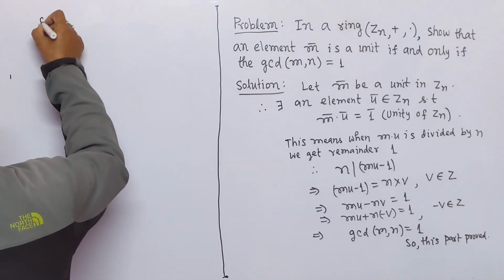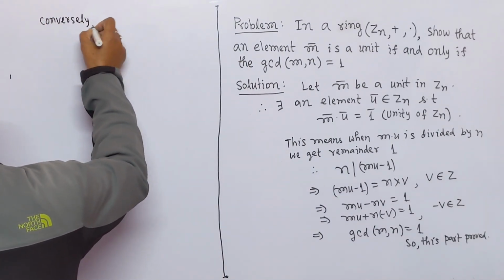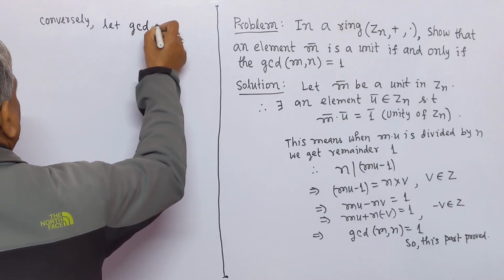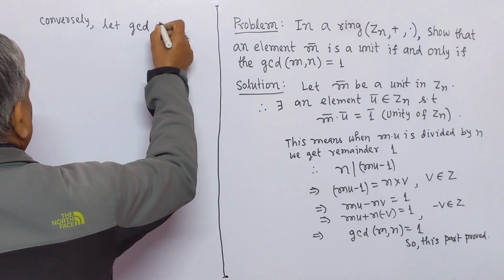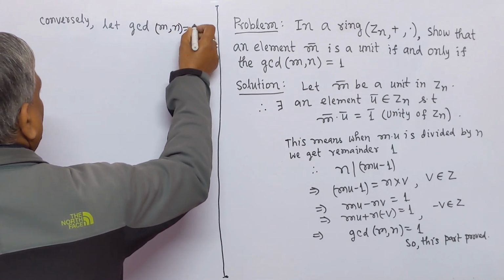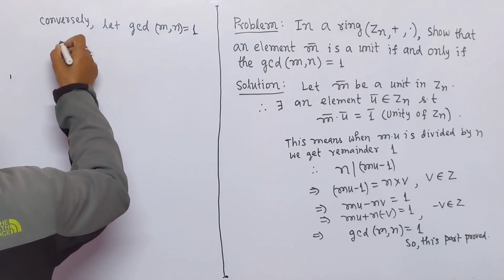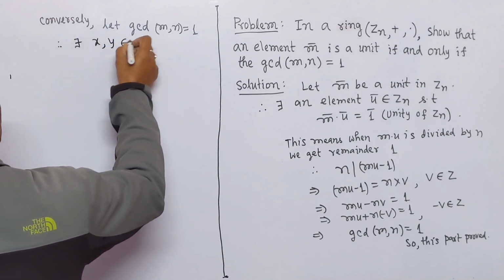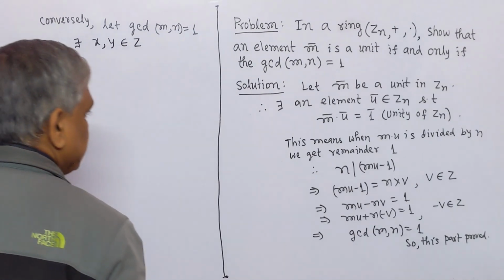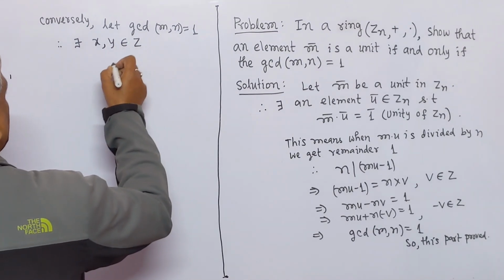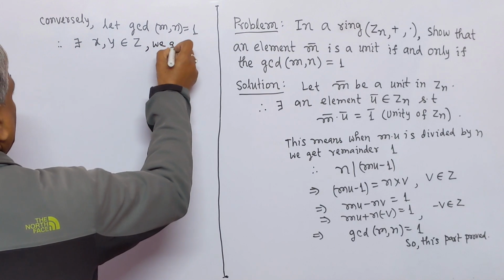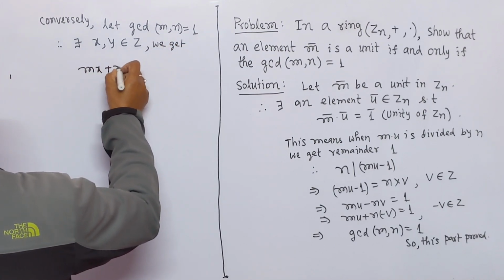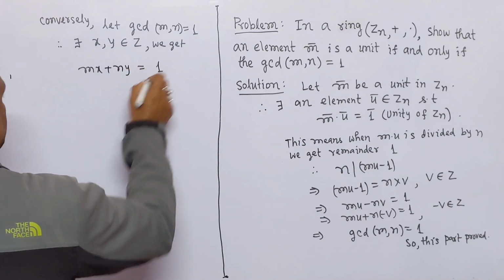Conversely, let GCD of m and n equal to 1. Therefore, there exist x, y belonging to Z, Z being the set of integers, such that mx plus ny equal to 1.